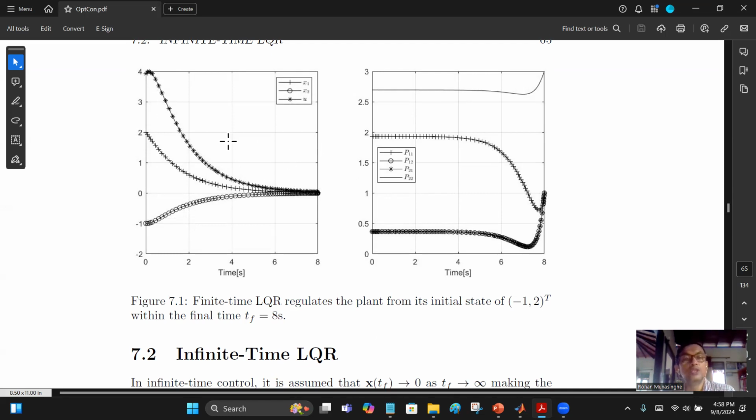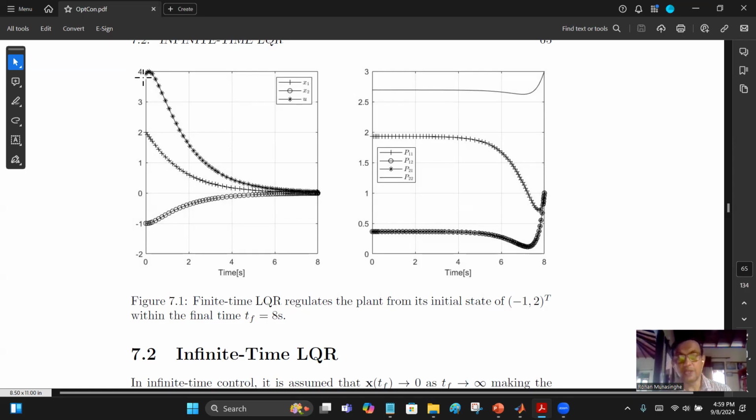And then X2 is the bubble one, this one, starting with -1. It is also being regulated to 0. Fantastic result. And for that, you need to generate a control signal, which is given in the star-coded line, this one. It starts with 4, a high value, and goes down to 0. This is the optimal control.